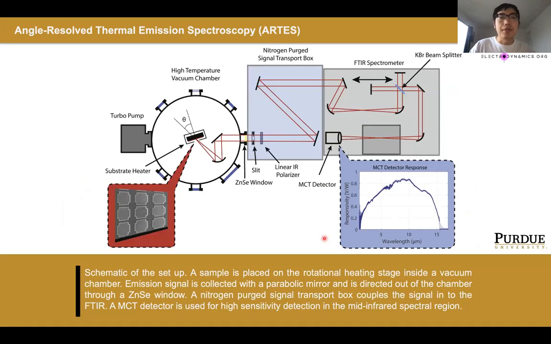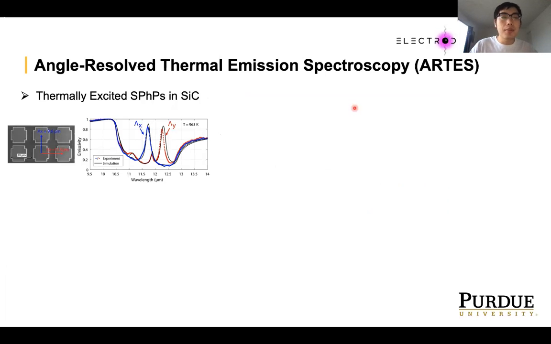To demonstrate this, we established a thermal emission spectroscopy setup in our lab. In this setup, our samples are mounted inside a high temperature vacuum chamber, and the thermal radiation signal is detected by a Fourier transform infrared spectrometer. With this setup, we can do a lot of things related to thermal radiation and phonon polaritons.